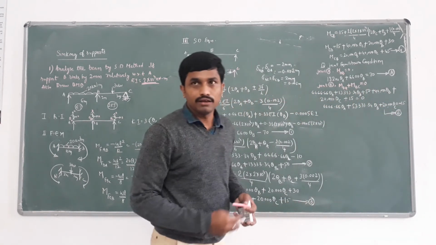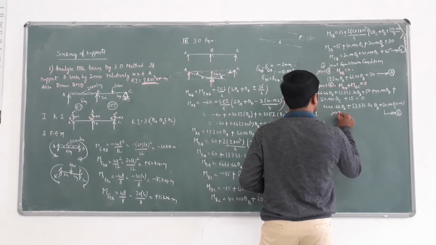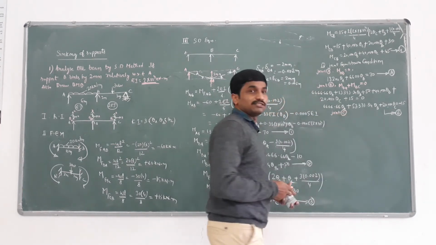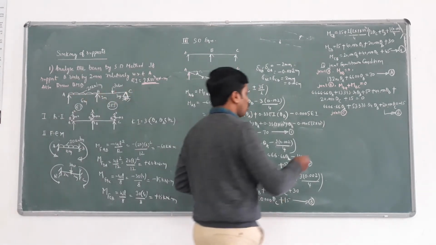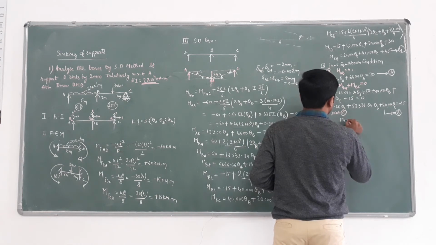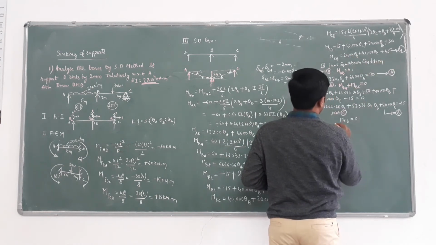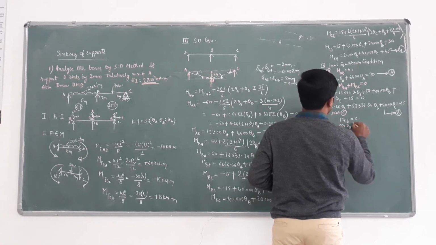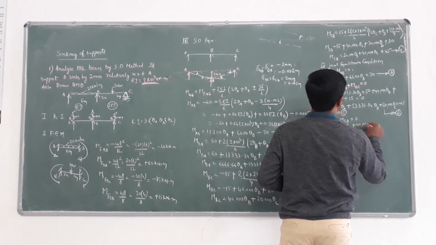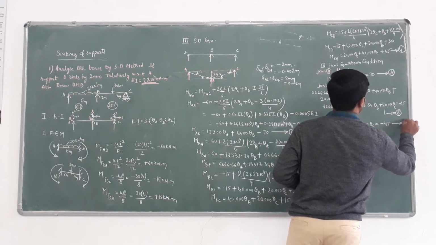Next, joint C. At joint C, MCB equals 0. What is the value of MCB? 20,000 theta B plus 40,000 theta C equals minus 45.